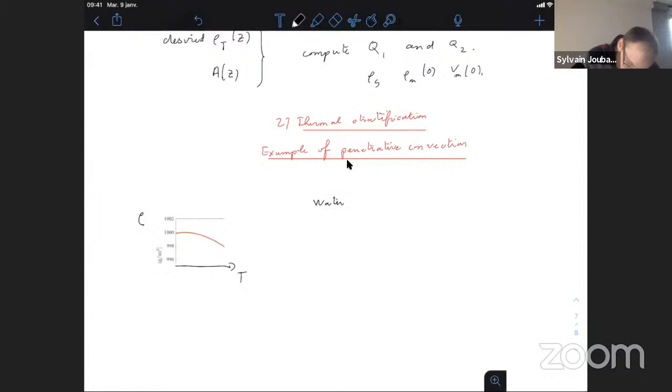Water has a maximum density at 4 degrees. So the density is increasing between 0 and 4. The density is decreasing between 4 and ambient temperature.